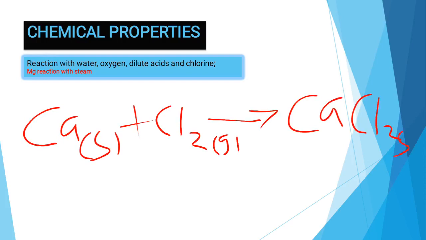It is a solid. What do we need to check? Whether the equation is balanced. 1 calcium in the reactant side, 1 in the product side. 2 chlorine atoms in the reactant side, 2 in the product side. The equation is balanced.